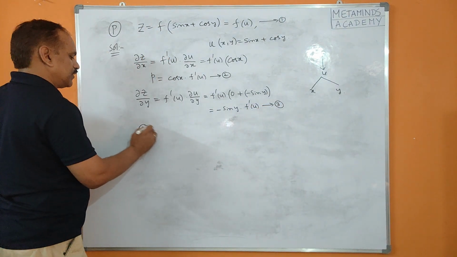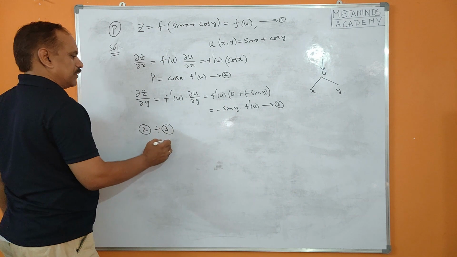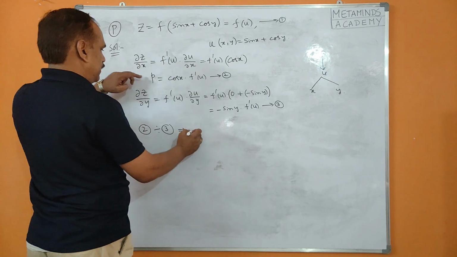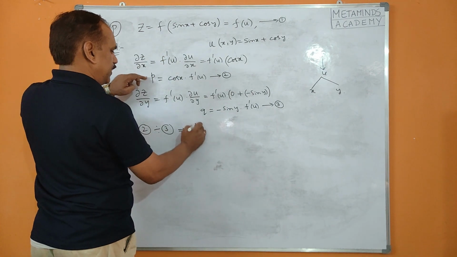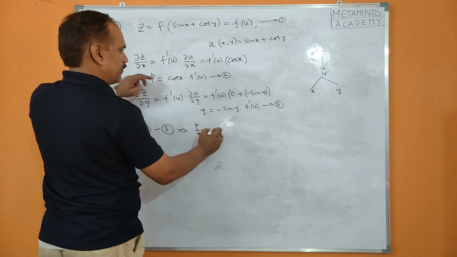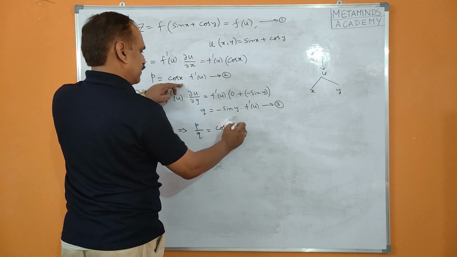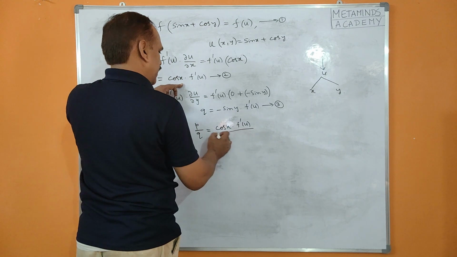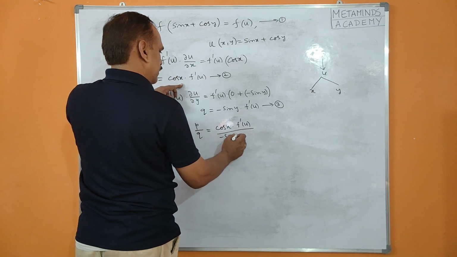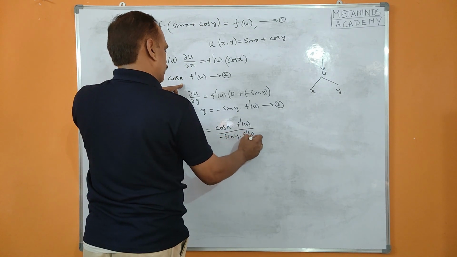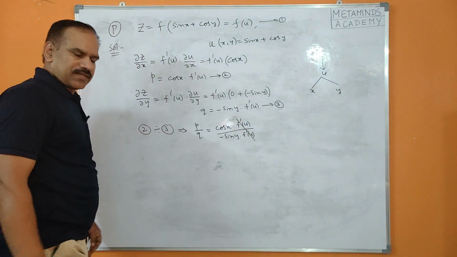Now divide equation 2 by 3. What you will get? Here it is P by Q equal to cos x into f dash u by minus sin y into f dash u. As usual, f dash u gets cancelled.